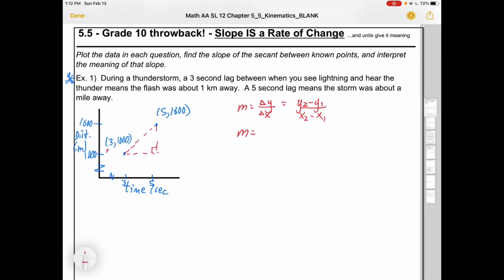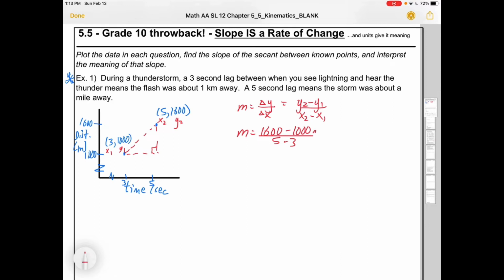So let's call this x1, y1, x2, y2. And just for fun, we'll find the slope between them. So that'll be 1,600 minus 1,000 all over 5 minus 3, or 600 over 2. Now, right now, that answer of 600 over 2, or if you reduce it down 300, it means absolutely nothing.